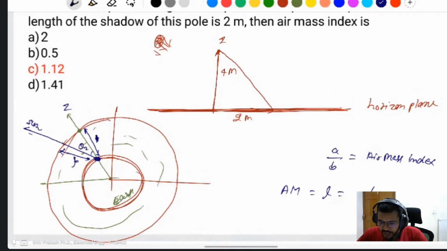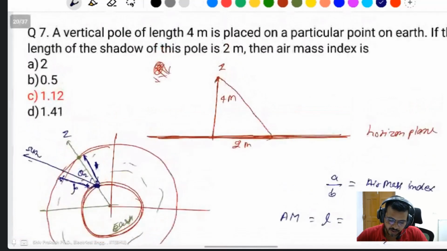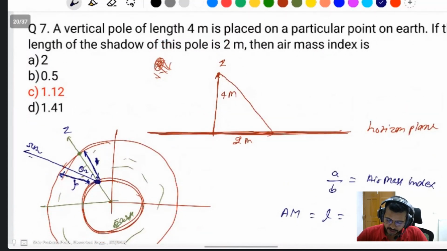And also you can define the length of the zenith axis to the length of the sun insolation line. It means this length to this length is known as the air mass index without taking the atmospheric pressure, because atmospheric pressure is not defined. That's why we leave this one. If you take this as sunlight, the zenith axis length is given as 4 meter.